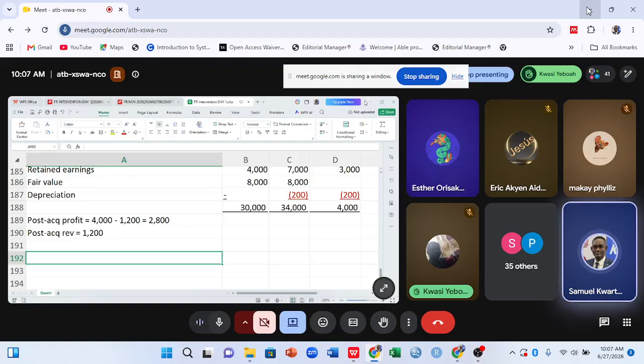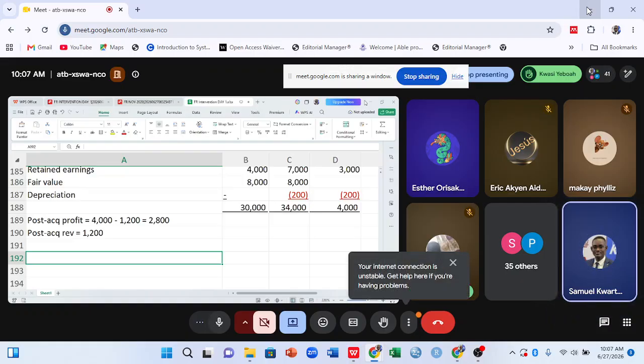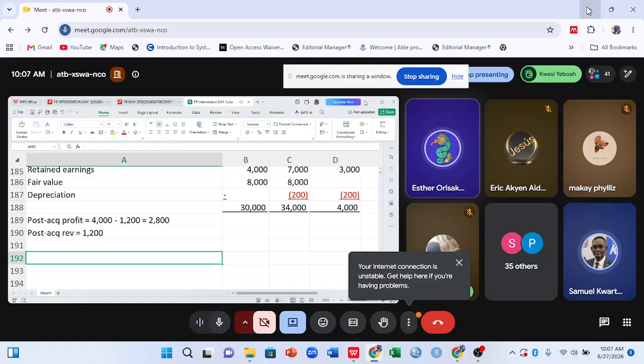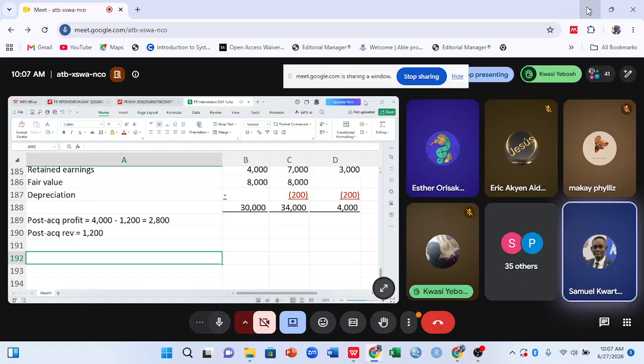Yeah, so your post acquisition profit, you less that one to get the acquisition date. So your reporting date, remember your reporting date to be at year end, right? Then you less the profit after acquisition.